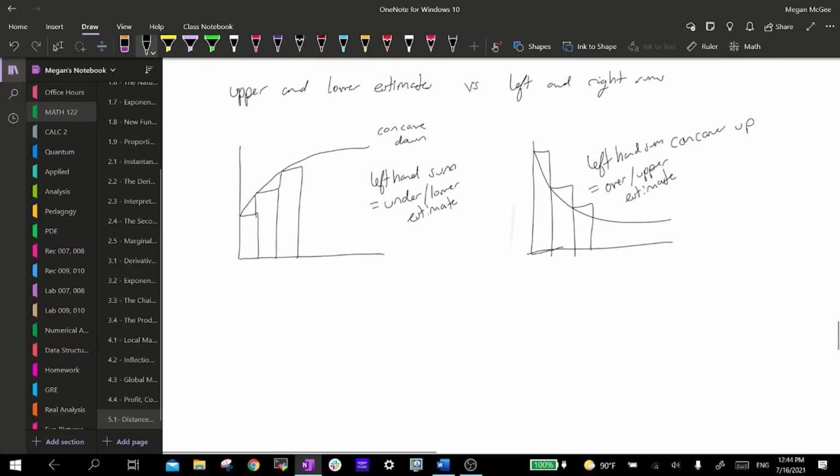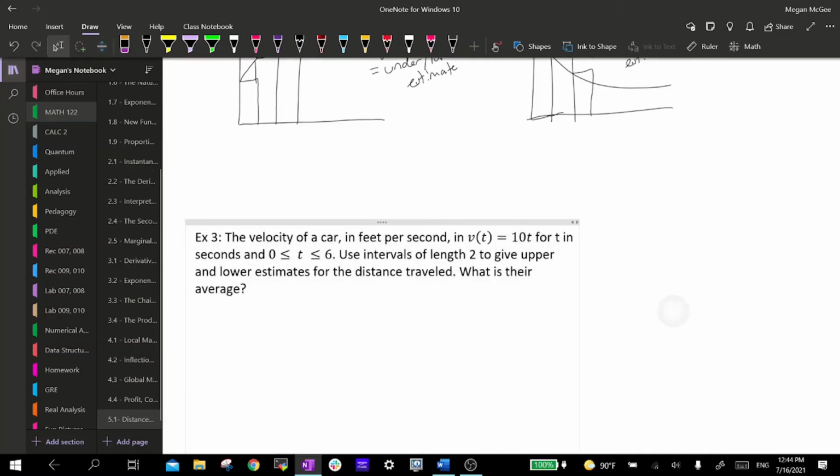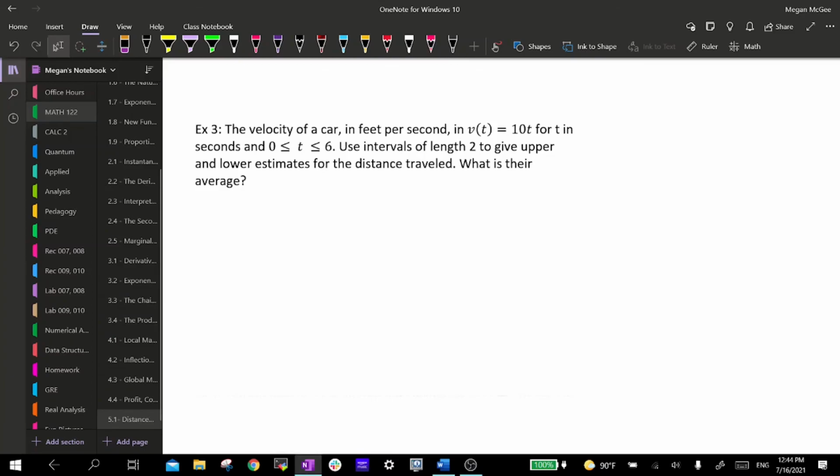Alright, we're going to do one more example. Example 3. So we have the velocity of a car in feet per second is 10 times t, and t is going from 0 to 6. We want to use intervals of length 2 to give upper and lower estimates for the distance traveled.